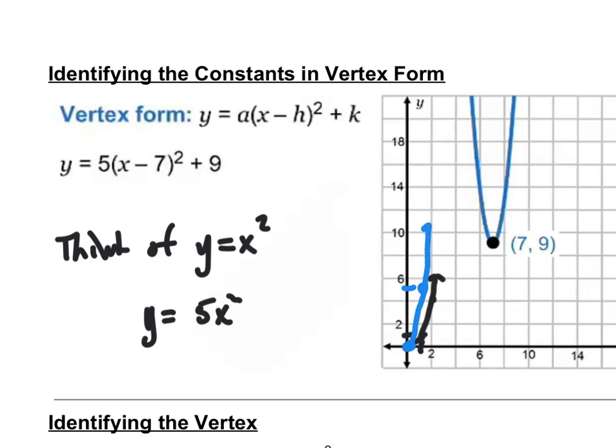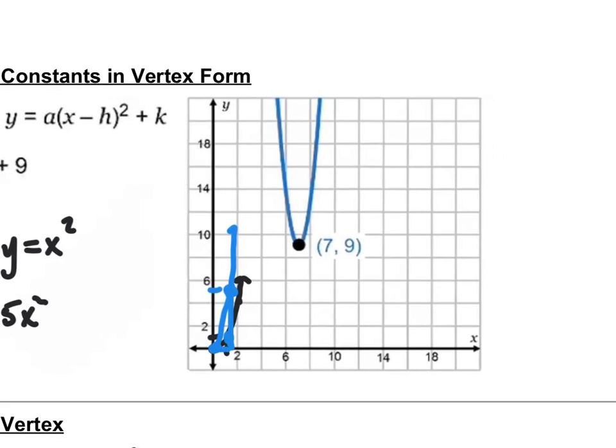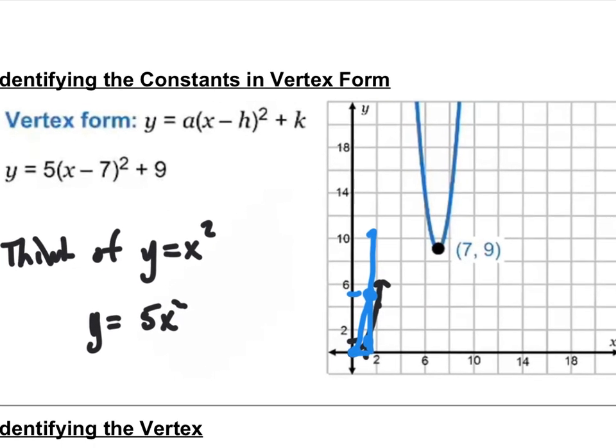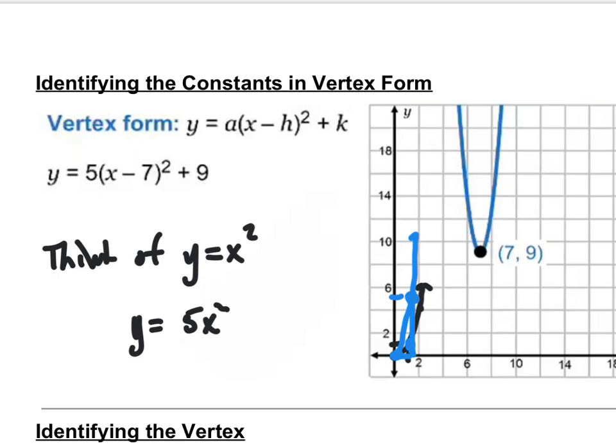So it's the distance between this point and that point. If you go over 1, you should go up 5 instead of just going up 1. It's a little harder to see on this graph, but you have the point 7, 9. That's our vertex, and that comes from these numbers here, 7, 9.